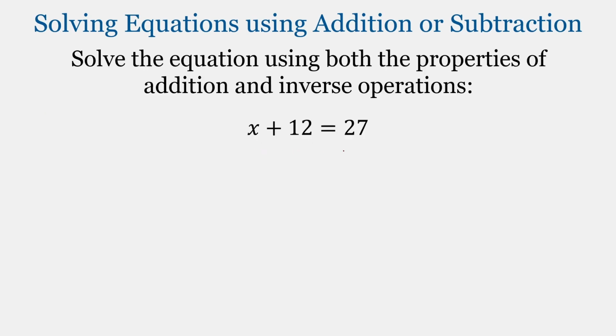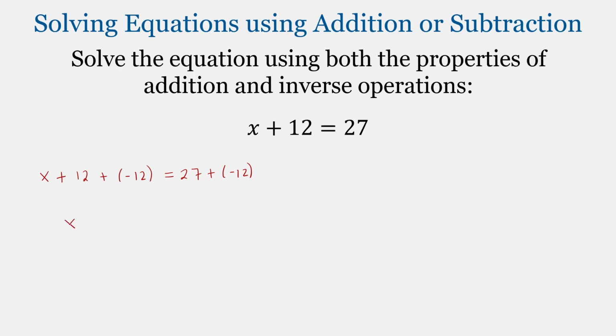Let's solve this equation using both methods. We'll first solve it using the properties of addition, and then we'll solve it using inverse operations. So we have x plus 12, and the additive inverse of 12 is negative 12. And then what we do to one side, we do to the other. So this is 27 plus a negative 12. 12 plus negative 12, that's going to give us 0.